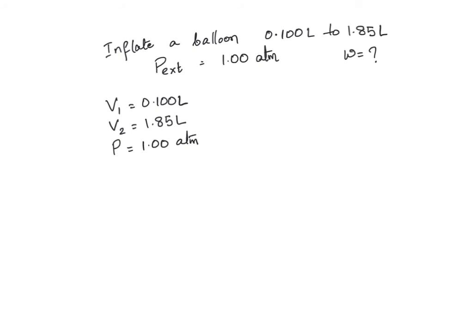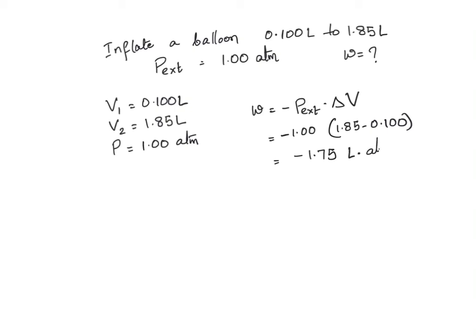So then W is negative P external multiplied by delta V, which is negative 1 times 1.85 minus 0.1 liters. This is equal to negative 1.75 liters atmospheres.